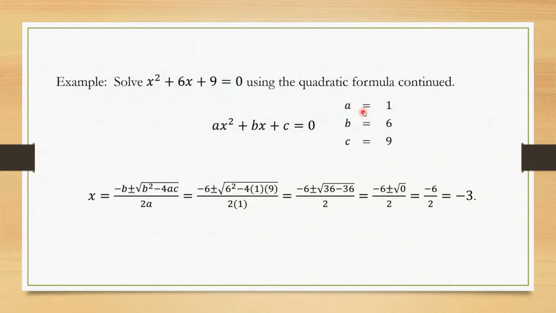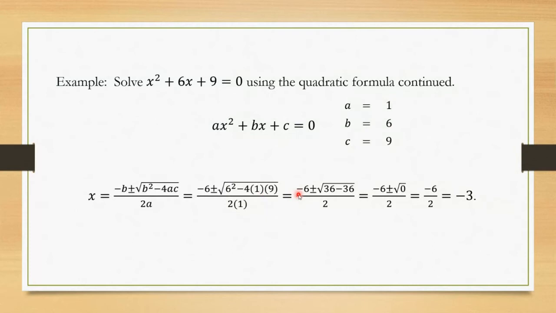So from here, right, we use our formula, we plug it in, like so. Okay, so plug it in, we get negative b, which is negative 6, plus or minus the square root of 6 squared minus 4 times 1 times 9, all over 2 times 1, right?